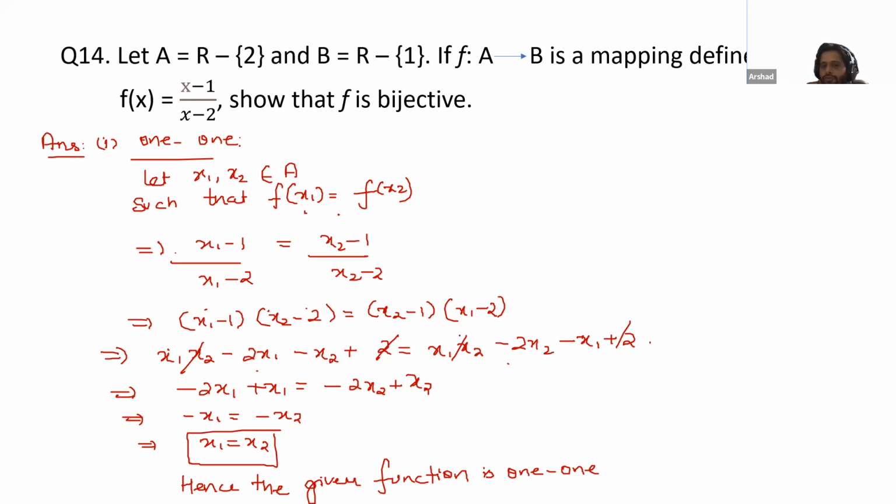Similarly here, x2 into x1, then we cancelled out 2, cancelled out x1x2, and shifted x1 to the left side and x2 to the right side. It will be better if you do the calculation on your own and let me know if it is clear.